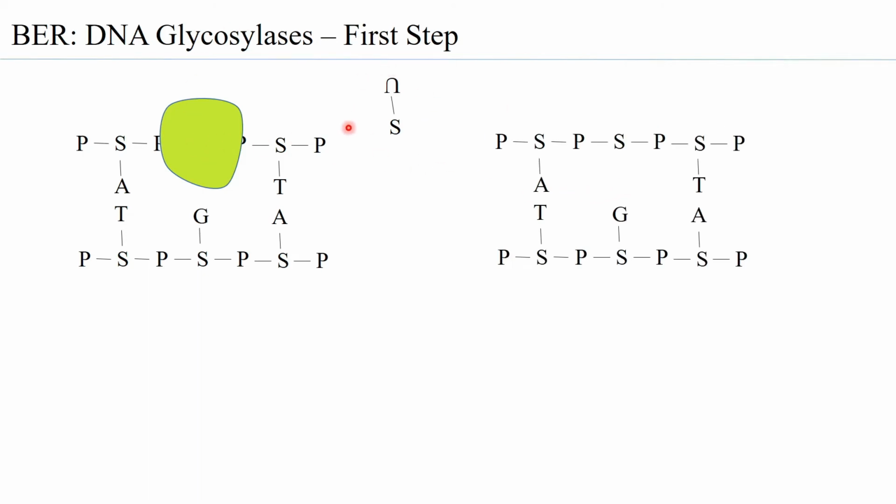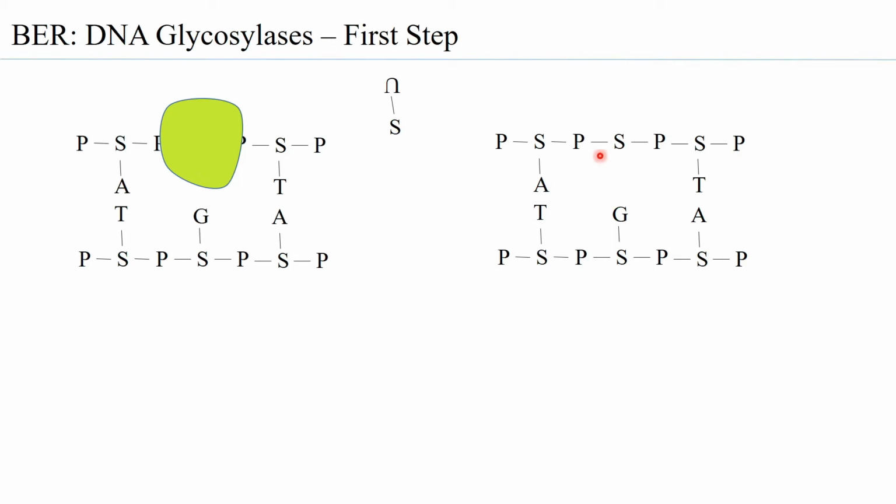After the glycosylase carries out its catalytic activity, one observes that the uracil is removed, and because the uracil is removed here, there is no base. So this site is called an abasic site, or more specifically a pyrimidinic site if a pyrimidine is removed, or a purinic site if a purine is removed.